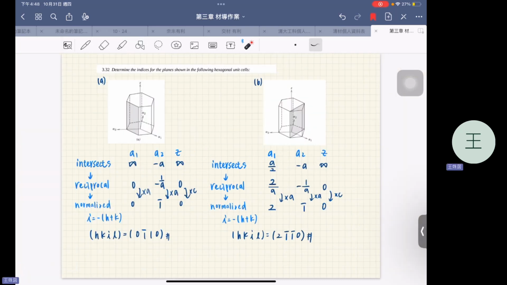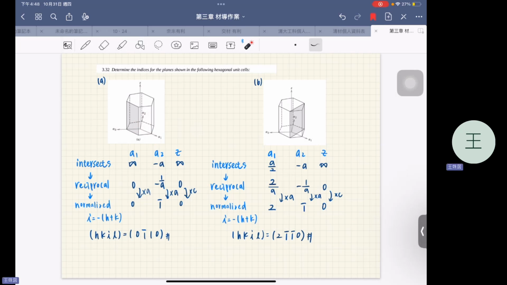For 3.32, we want to determine the indices for planes of the hexagonal unit cell. First we want to know the intercepts. For A1 and A2, A1 will be infinity because the plane is parallel to A1, and then A2 will be -1.